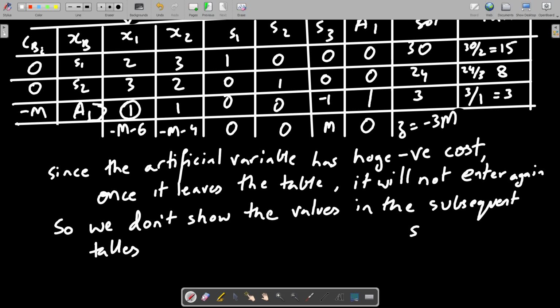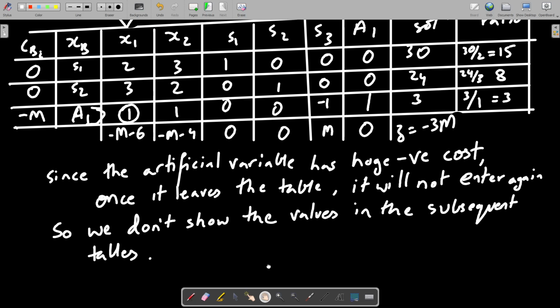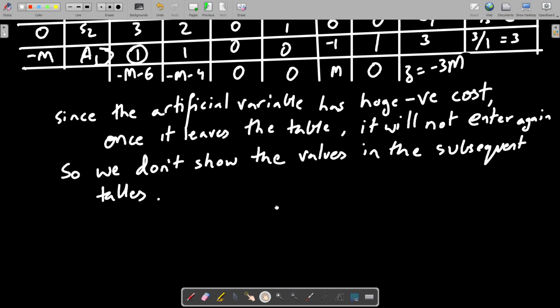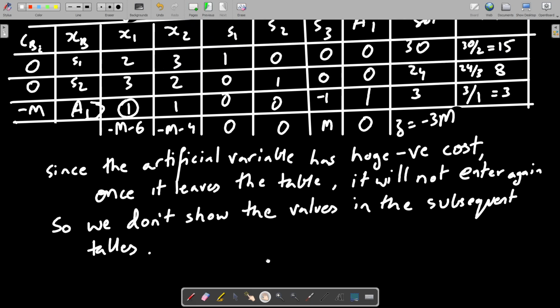Done. So I have to draw the new table again.